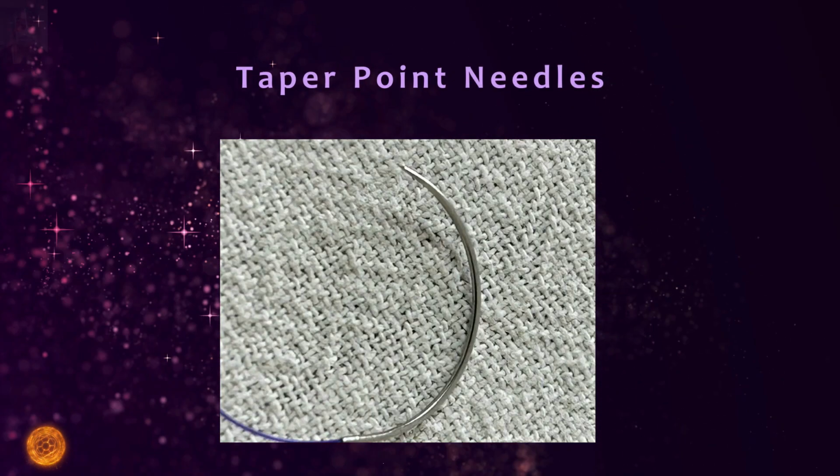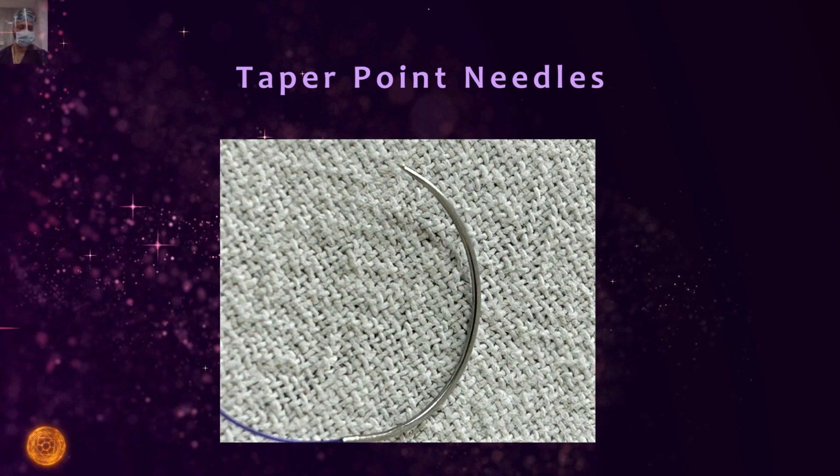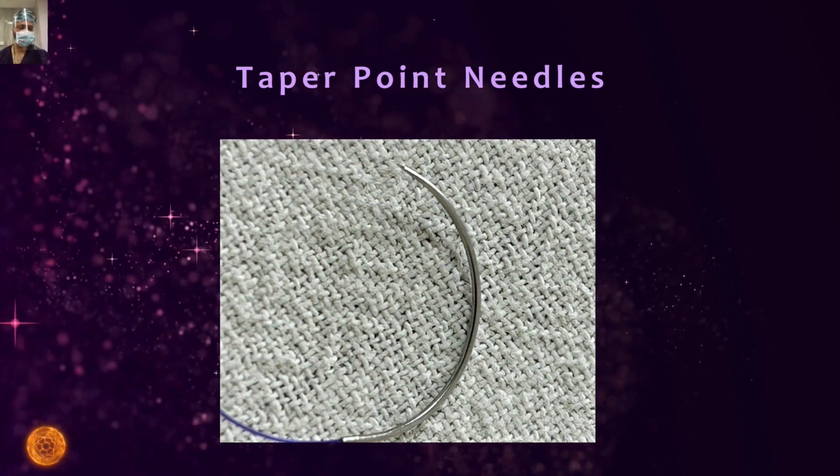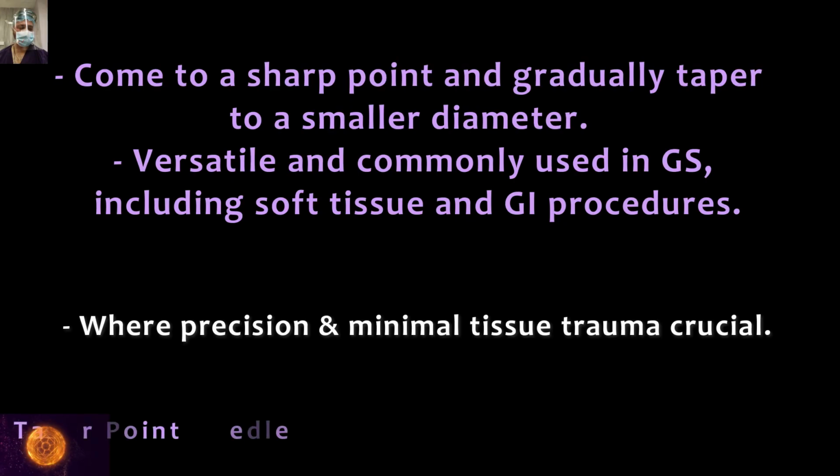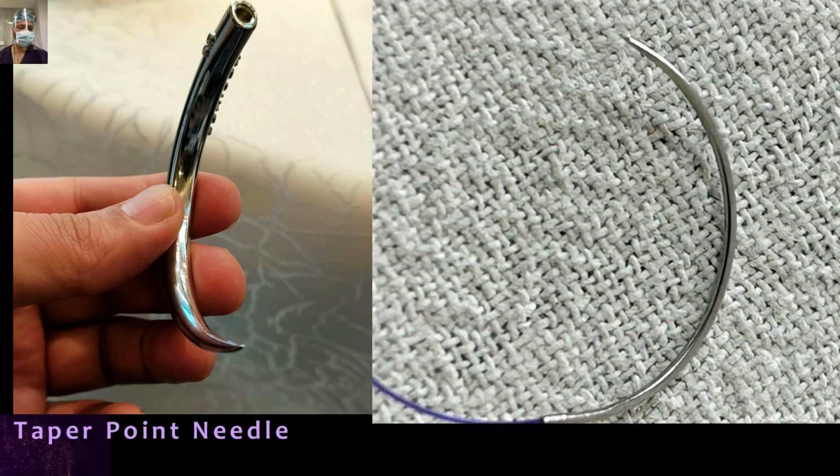Next, taper point needles. Again, these needles have a sharp point, but as I said, all these needles have a round body, and the round body gradually tapers to a sharp point. So there's a gradual tapering. These are very versatile and commonly used needles in general surgery, including soft tissue and GI procedures.